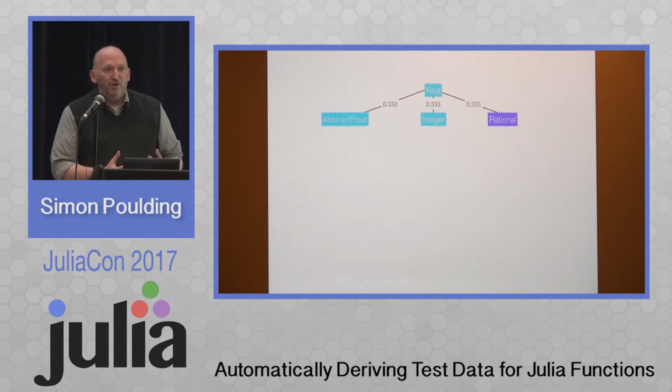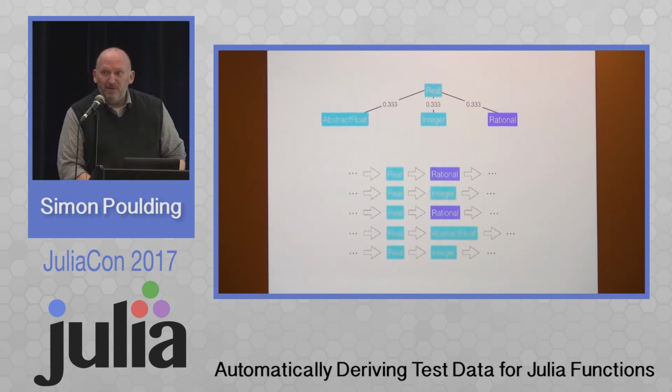In this case, we keep traces of the successful generation, so the times when the constructor method did not fail, and use that trace information to update the probabilities on the outgoing edges in our probabilistic tree. We can see that it's successful going from real to rational quite a lot. So when we do essentially reinforcement learning from the traces, it updates the weights such that it tries to avoid those constructor methods which give the errors that we're seeing.